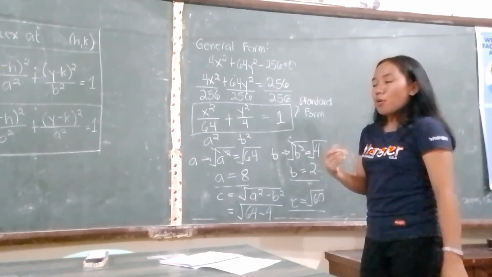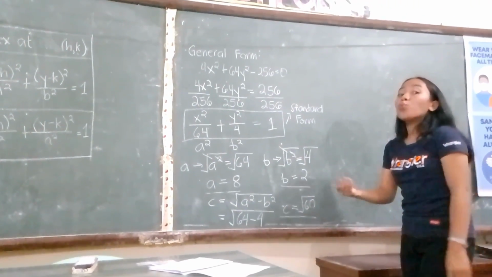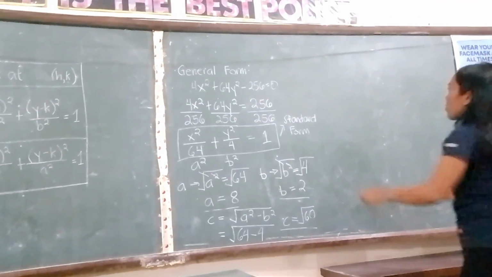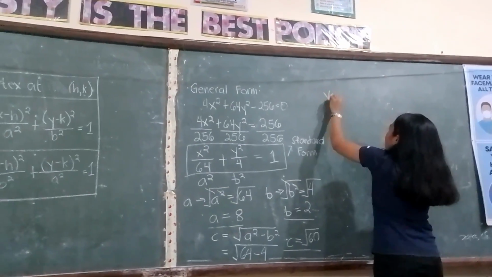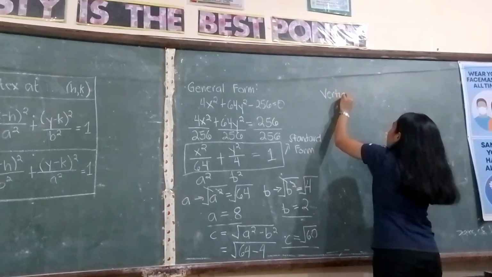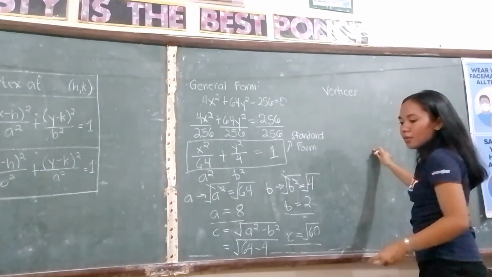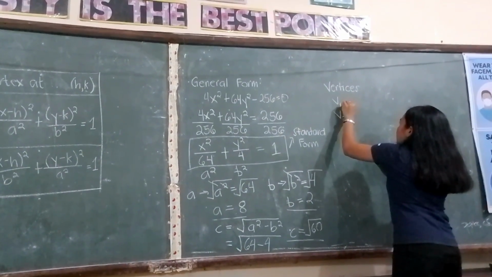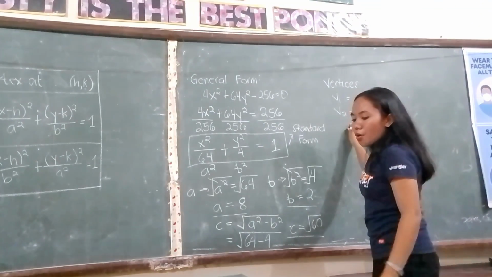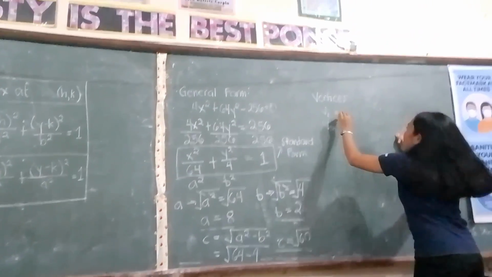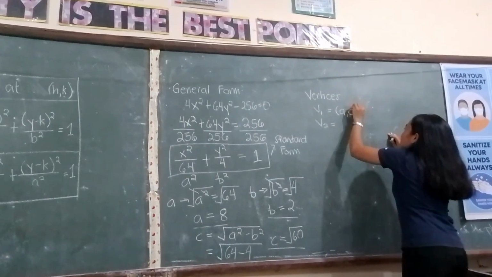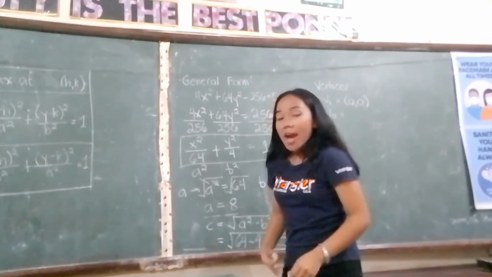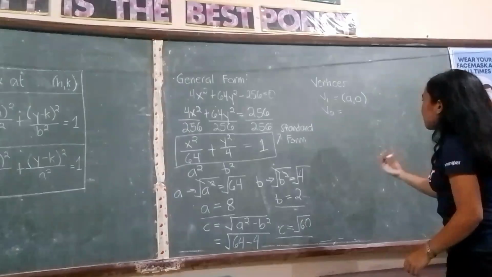With these values of a, b, and c, we can now get our vertices, the co-vertices, and the foci, so that later we can graph in our rectangular coordinate system. So our vertices in this example are V1 and V2. In V1, the coordinates are 8 and 0, since our orientation is horizontal and our center is 0 and 0.